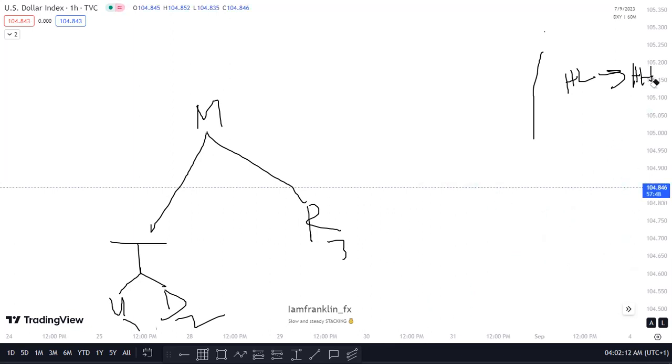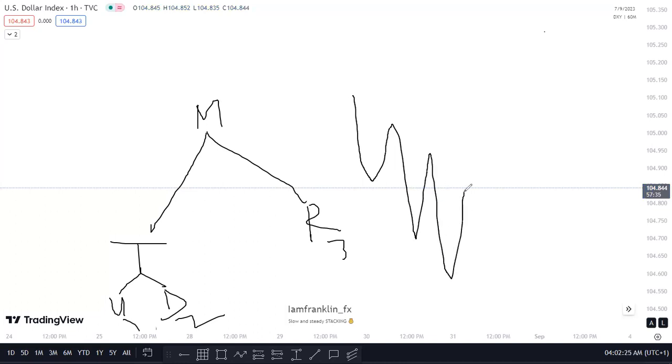Okay, for the downtrend, we basically know how it looks. It is something like this, always going down. So in a downtrend, what is it made of? What are the characteristics?